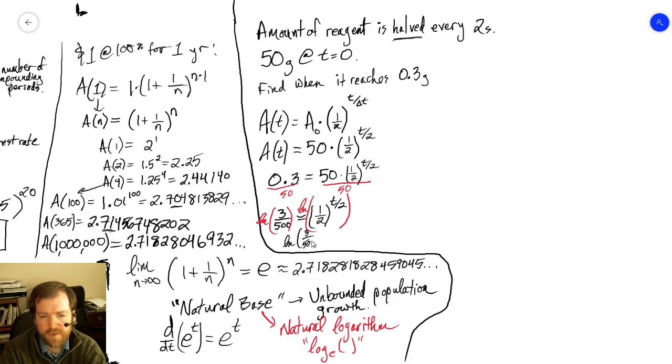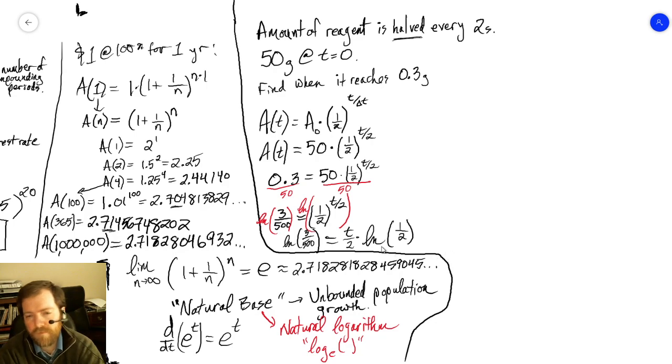You can split stuff up if you want, but honestly, I'm going to keep it together as one term as much as I can. It just makes it easier. Is equal to, this is t over 2 comes down because it's the exponent, times the natural log of 1/2. We can then divide both sides by the natural log of 1/2.